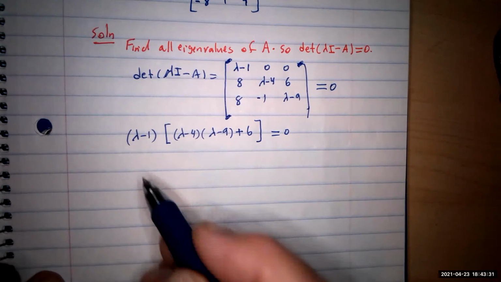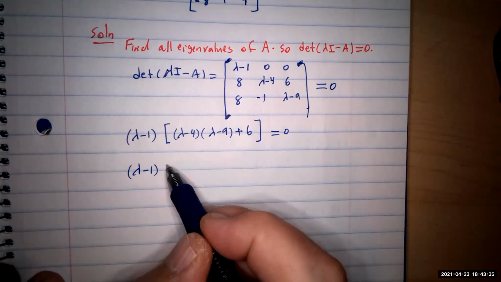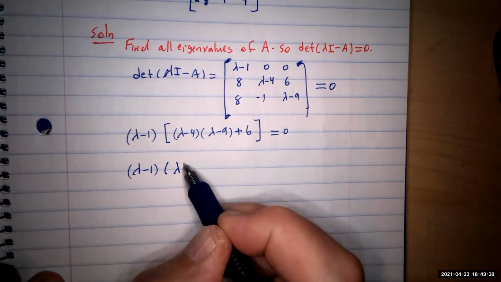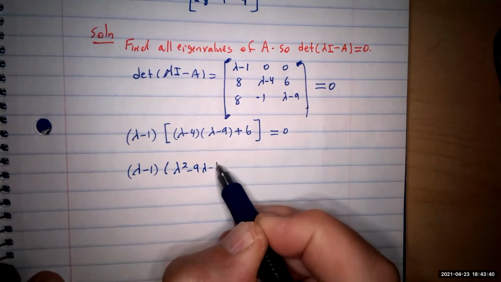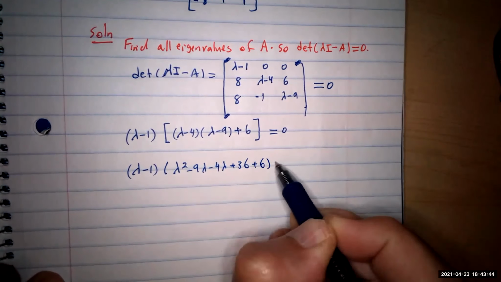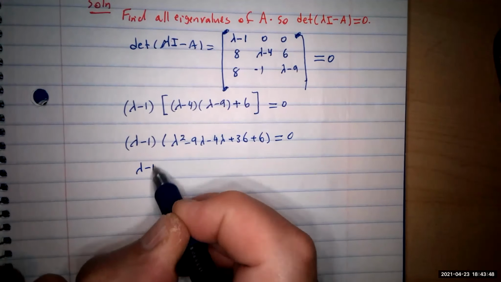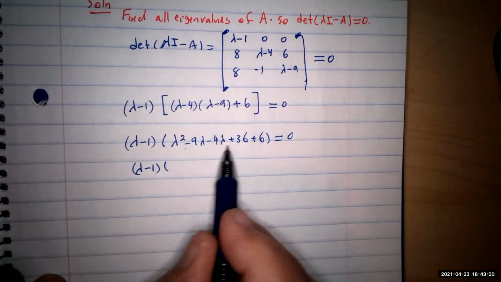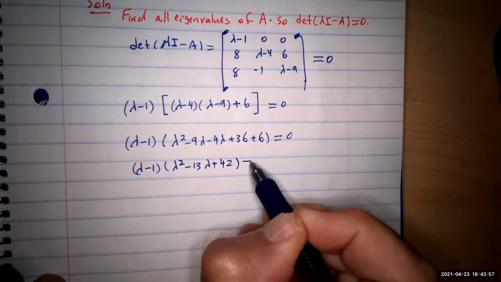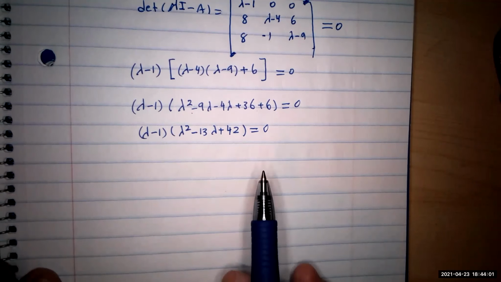Simplify the inside first. So this is going to be lambda squared minus 9 lambda minus 4 lambda plus 36 plus 6 equal to 0. Simplify. That gives me lambda minus 1 times lambda squared minus 13 lambda plus 42 equal to 0. Try to see if it's factorable. Most of the time this is going to be the case.